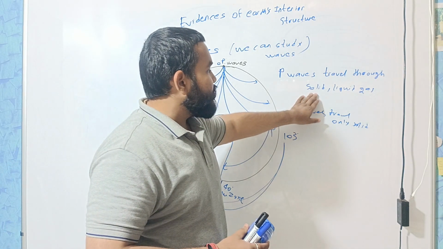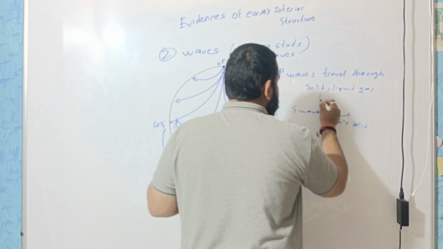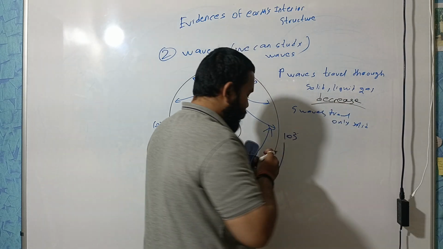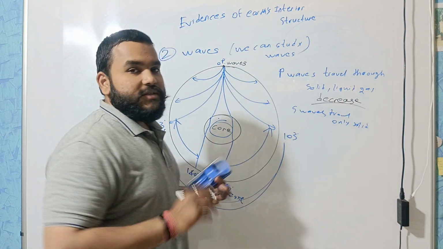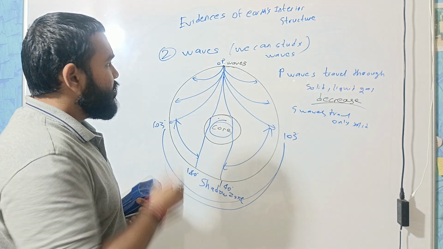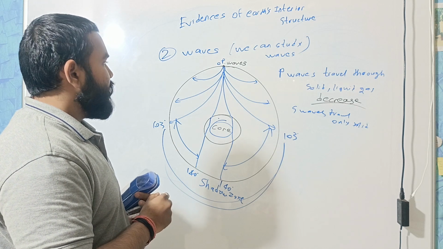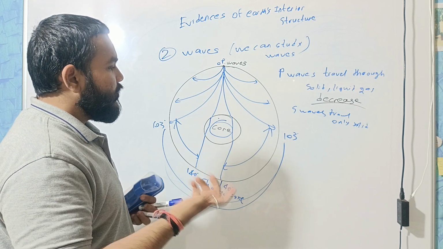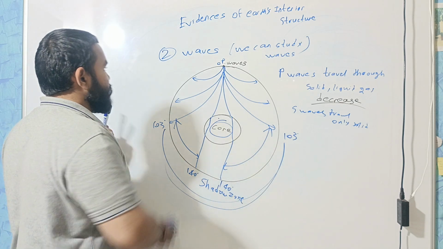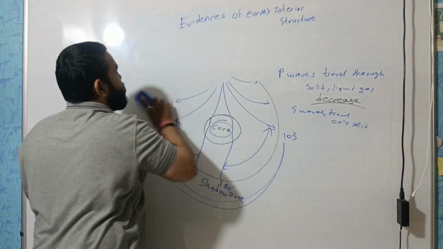As it travels from solid to liquid to gas, speed is going to decrease. That's it. So these are two theories, earthquake and S wave. Basically they're one and the same, because earthquake also tells us about the same thing, and P wave, S wave also tells us about the same thing. So that's it.